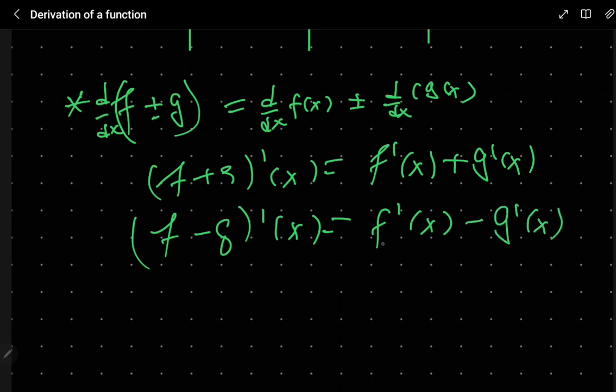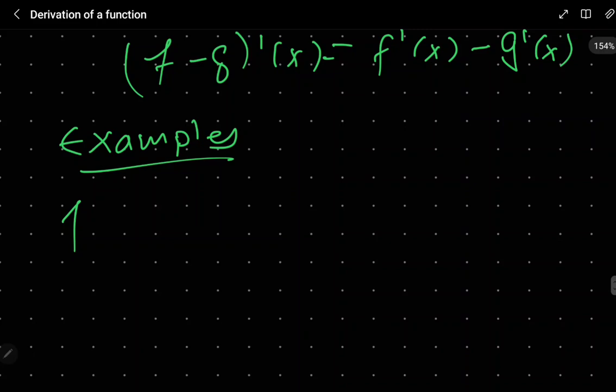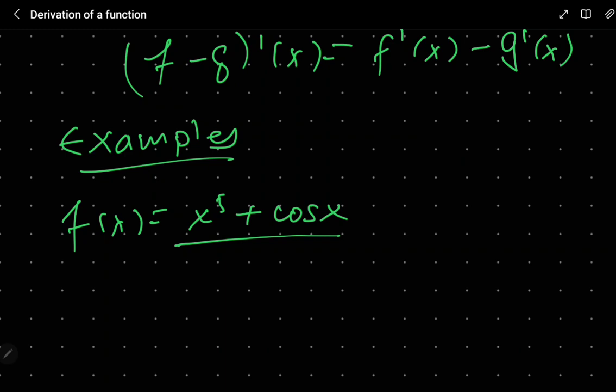But there is a different rule for addition, for multiplication, and for division. Examples are here for this sum and division. So for example, if f of x is x raised to 5 plus cos x, then you can split this function into two different functions.